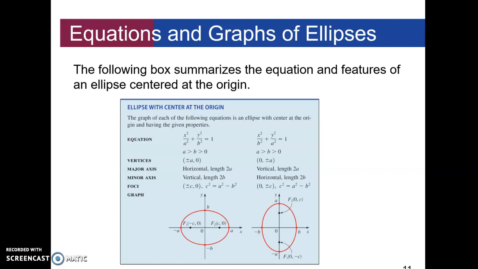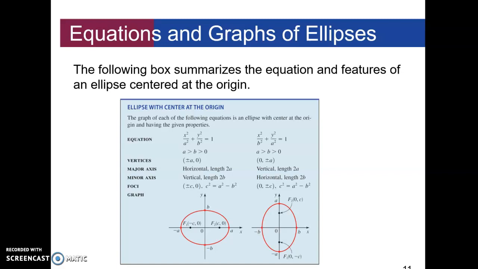Now on the left, when it's a wide ellipse, the vertices are always on the wider part, or greater distance, on the ellipse. So on a wide ellipse, the vertices are at (-a, 0) and (a, 0). Whereas on the right, for a tall ellipse, the vertices are at (0, a) and at (0, -a).